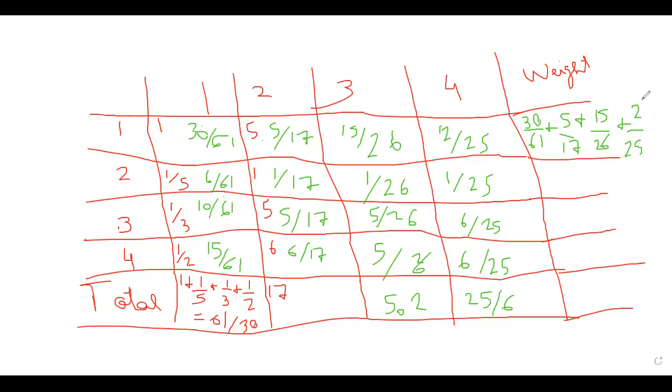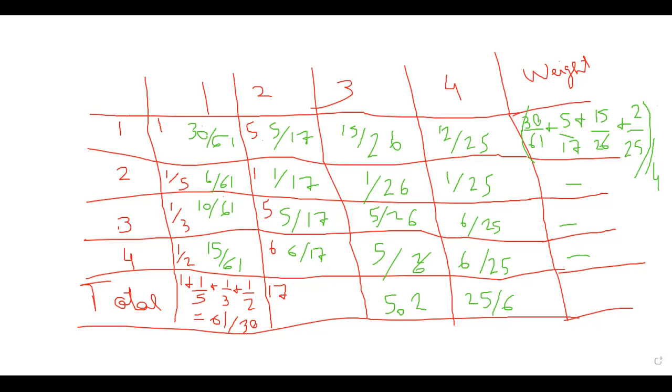I will get the weight of criteria 1. If you do the same for lines 2, 3, 4, you will get the numbers that are given in the table.